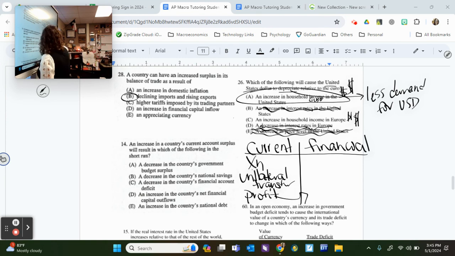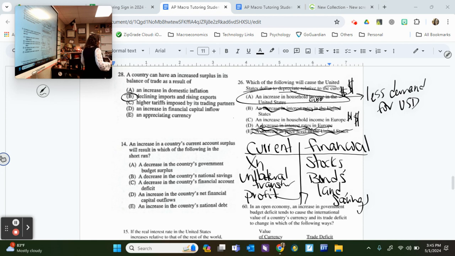Because in the financial account is stocks and bonds and land, real estate, and savings accounts. So the financial asset itself is in the financial account. But any profit made on the financial account goes in the current account along with all trade and unilateral transfer payments. What's the middle one say? Unilateral transfers.